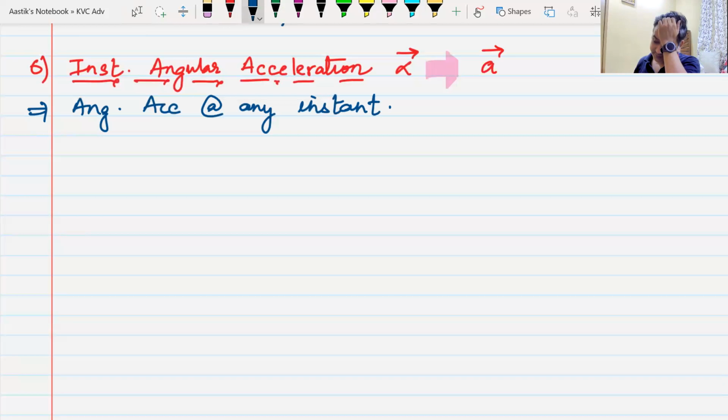Do you understand this? Yes, sir. So I can write this alpha vector as d omega vector by dt.